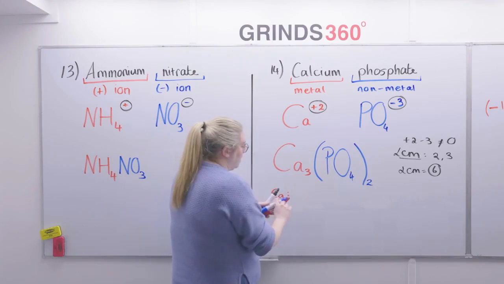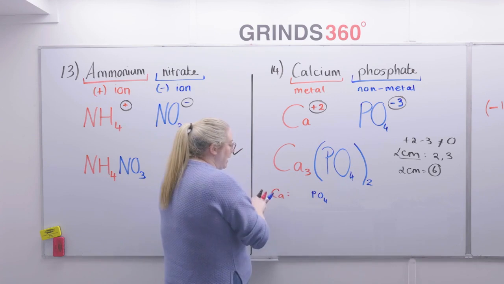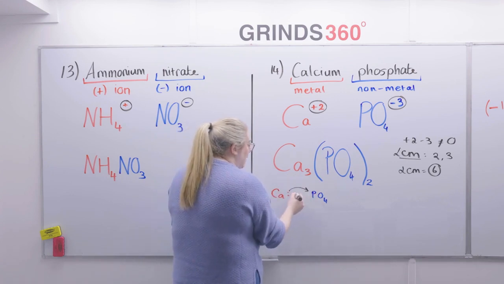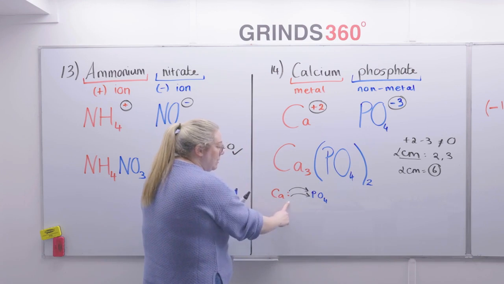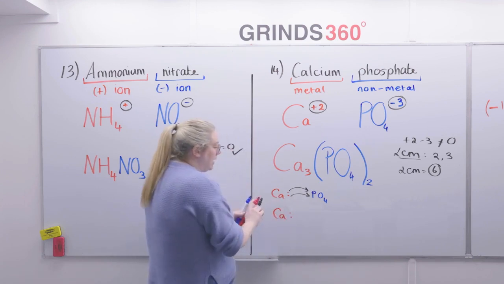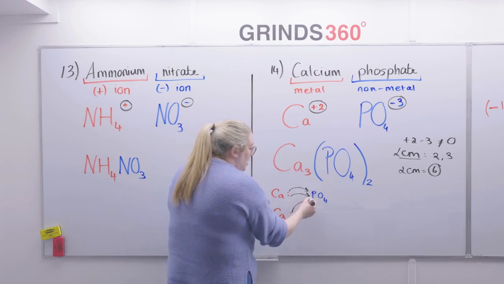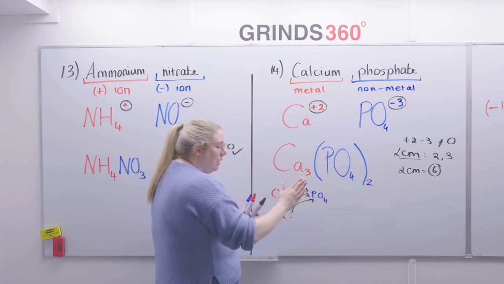calcium has 2 electrons, and I'm just going to write the phosphate over here. The phosphate wants 3, but the calcium can only give 2 to the phosphate. The phosphate needs another one. This calcium has a stable outer octet, so we leave it alone. We keep going. We put in another calcium. It will transfer 1 electron to that phosphate. Now the phosphate has a stable outer octet, we leave it alone.